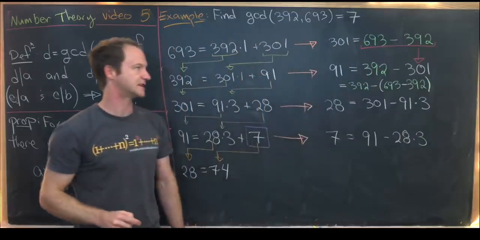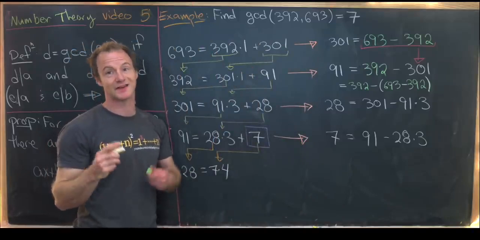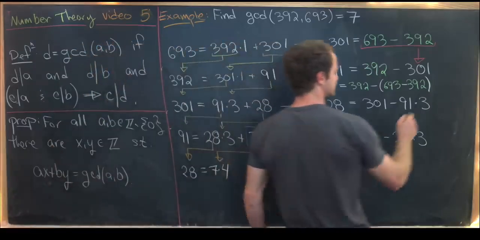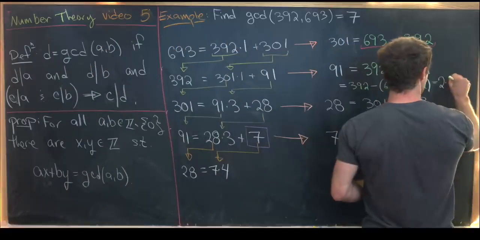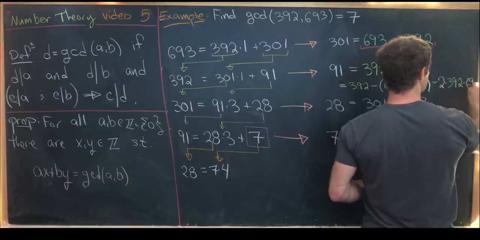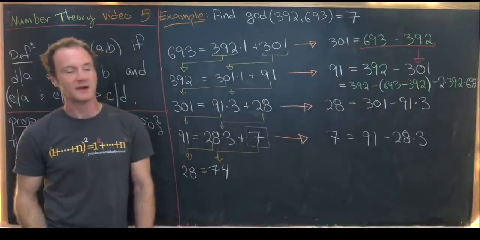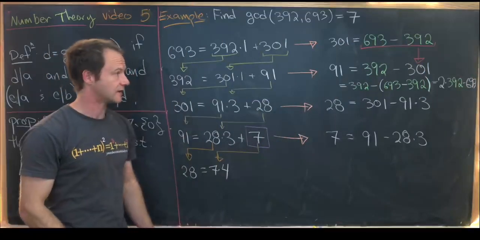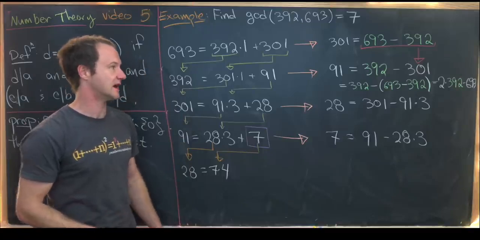Great. So I've just replaced 301 with what I saw before. Now I'll combine those like they're like terms. That's going to give me 2 times 392 minus 693. You'll forgive me, I'm running out of room there. But that's 693.